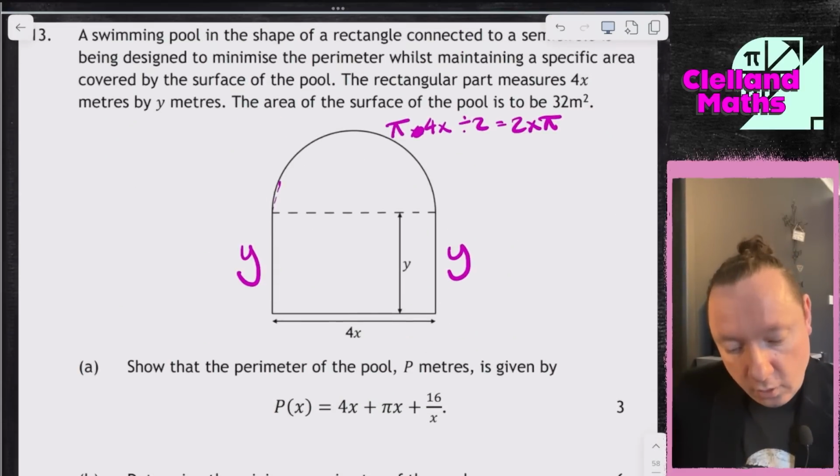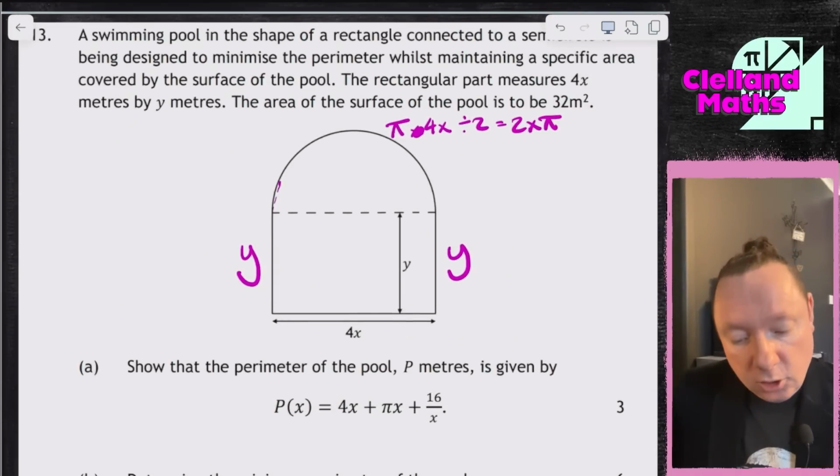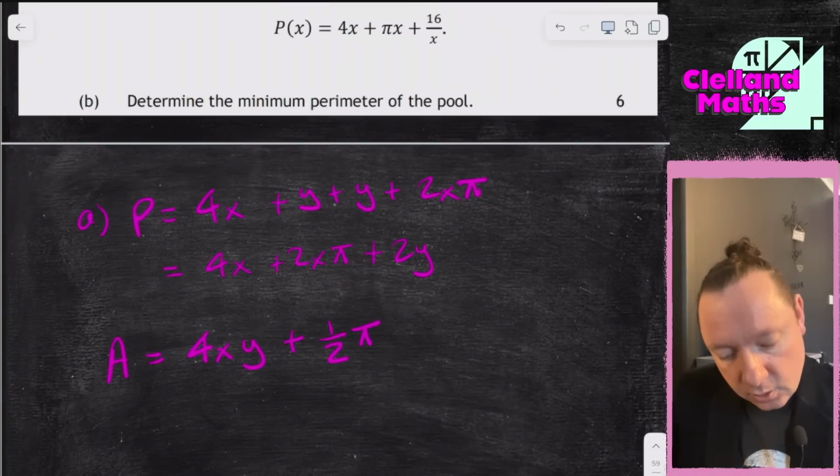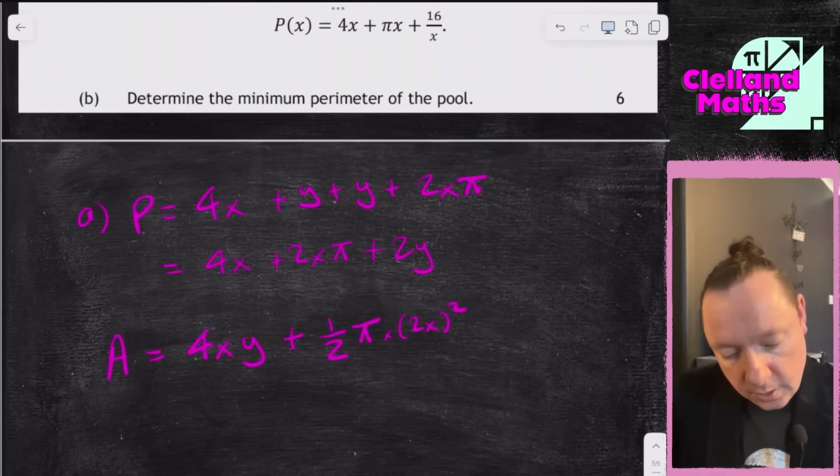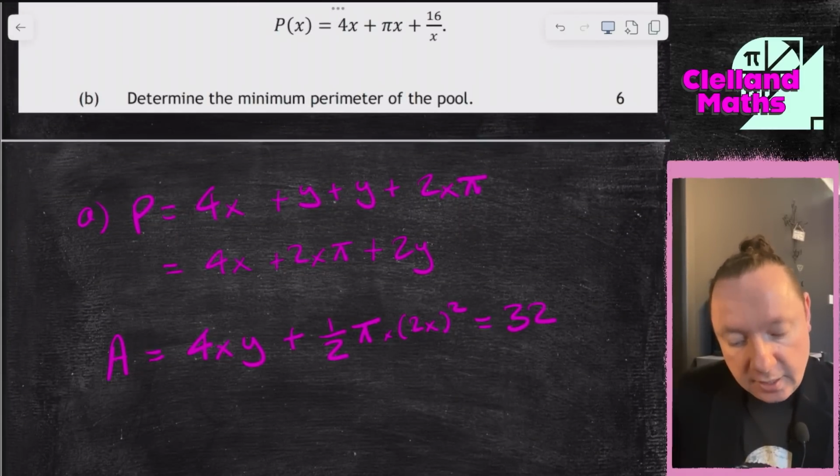Now the radius is 4x divided by 2, which is 2x. So times 2x all squared. There's our area, and that equals 32. So you're always using a bit of information to eliminate the variable you don't want, in this case y.